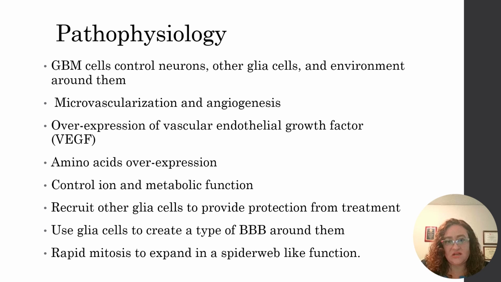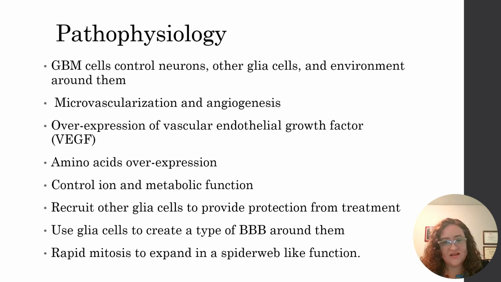They still control the environment around them, but they recruit other cells to help them do that by stealing from healthy tissue, protecting the tumor from treatment, and creating an environment that allows them to grow. They also recruit the microglia to support that role. The microglia will change their phenotype to protect the glioma and support the growth and invasion into normal tissue.